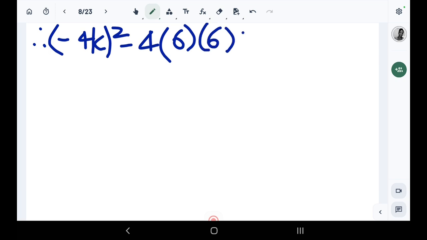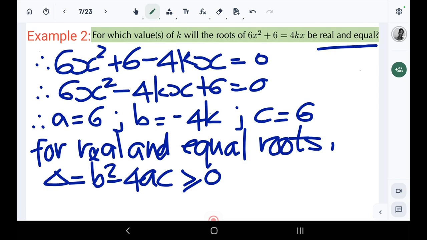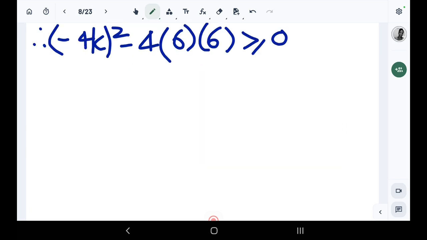All this must be greater than or equal to 0. Sorry, for roots to be real and equal, the discriminant must be equal to 0, not greater than or equal to. Sorry about that. Let me fix that. Must be equal to 0.